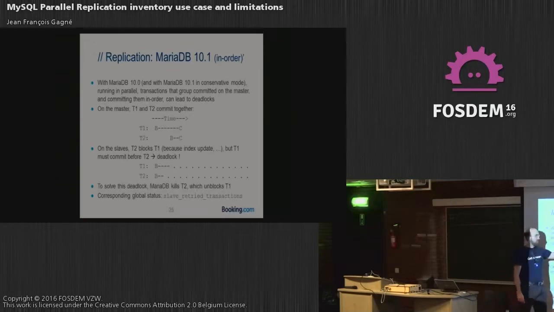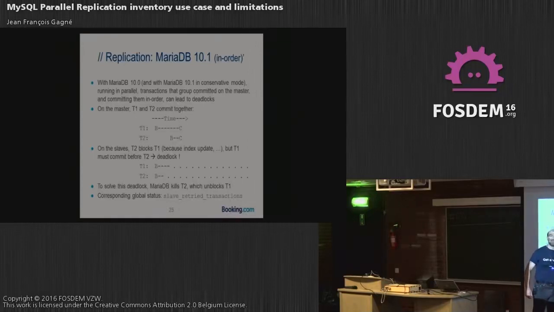So if T1 and T2 commit together, we could have T2 block T1, because the InnoDB structure is different. We don't have exactly the same pages, the same index. And if T2 blocks T1, T1 is not able to complete.